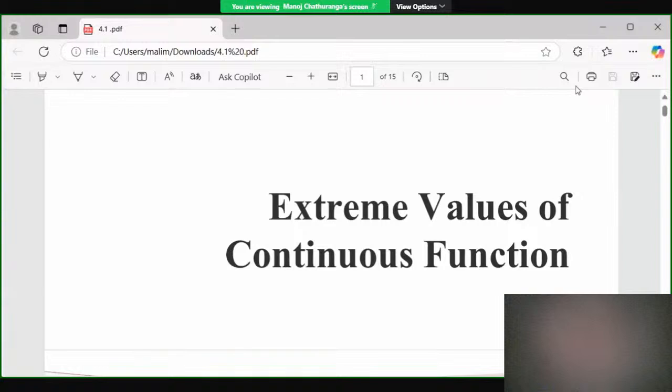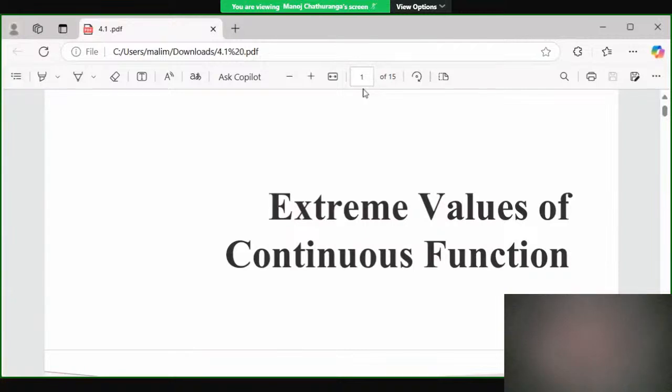That means the derivative is zero. So to find these maximum and minimum points, we need to look at zeros of the derivative. That is the focus of this section, how to find maximum and minimum points. We are going to have a systematic discussion on those maximum and minimum points.